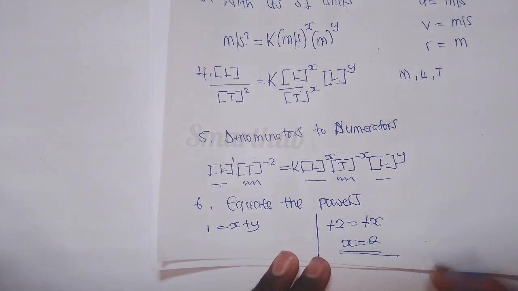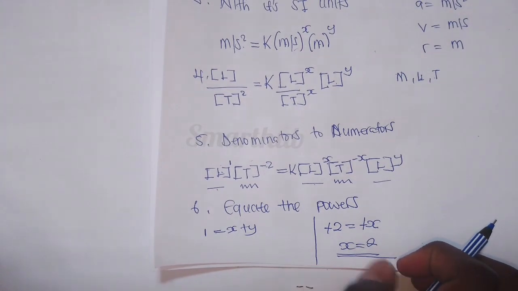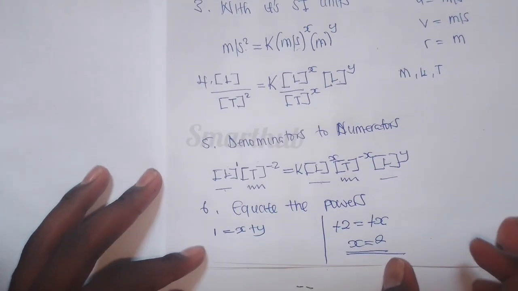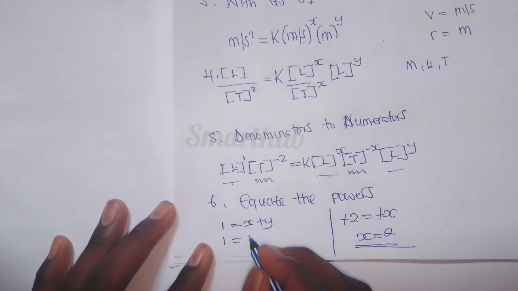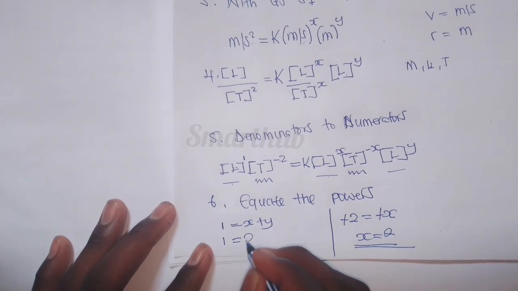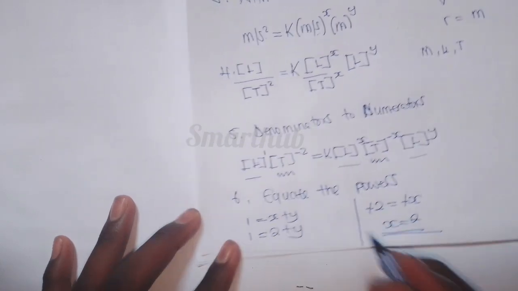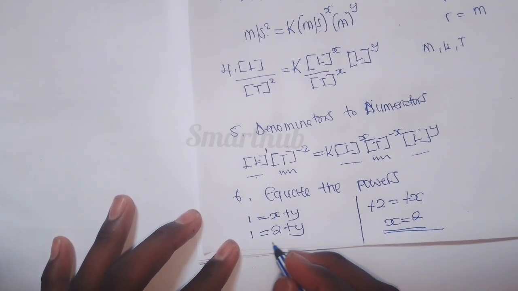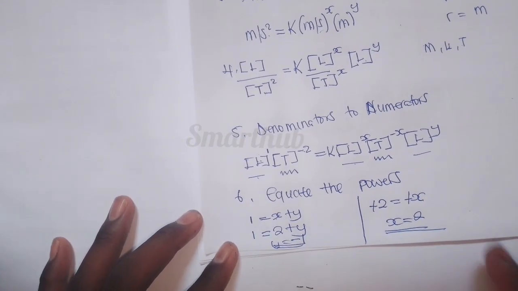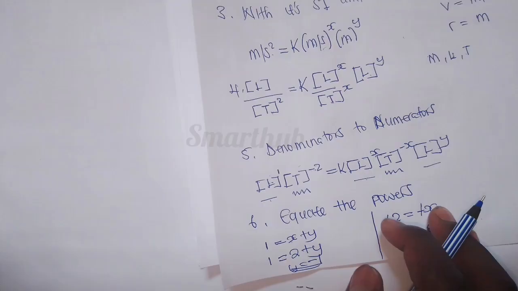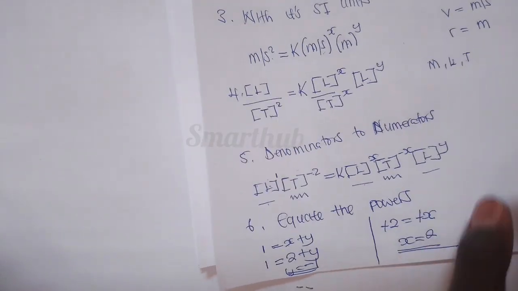As simple as that. So now, since we know the value of x, we are just going to replace here. We are going to say, you replace x with 2 plus y. Then y is equal to negative 1. So we've found the values of x and y.